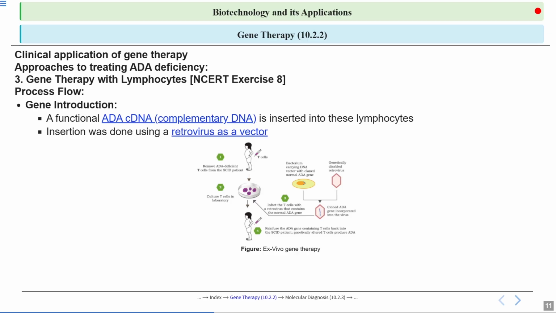So now we have taken lymphocytes from the patient's body and cultured them outside in optimum conditions. Now we have inserted the ADA, adenosine deaminase complementary DNA, into those lymphocytes using a retrovirus vector.